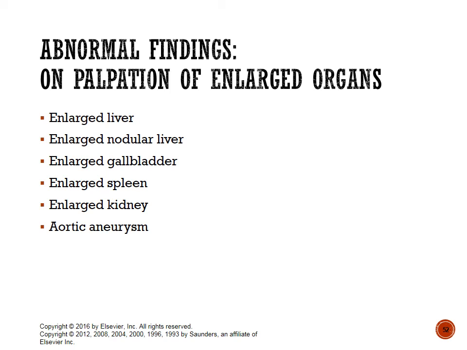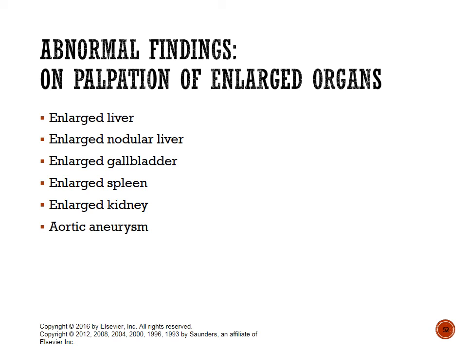It's going to feel kind of rough. An enlarged gallbladder would be pretty difficult to feel, but the enlarged spleen, if you look on page 574, you can see how enlarged it can actually get before it would burst. Almost that entire left side of the abdomen.